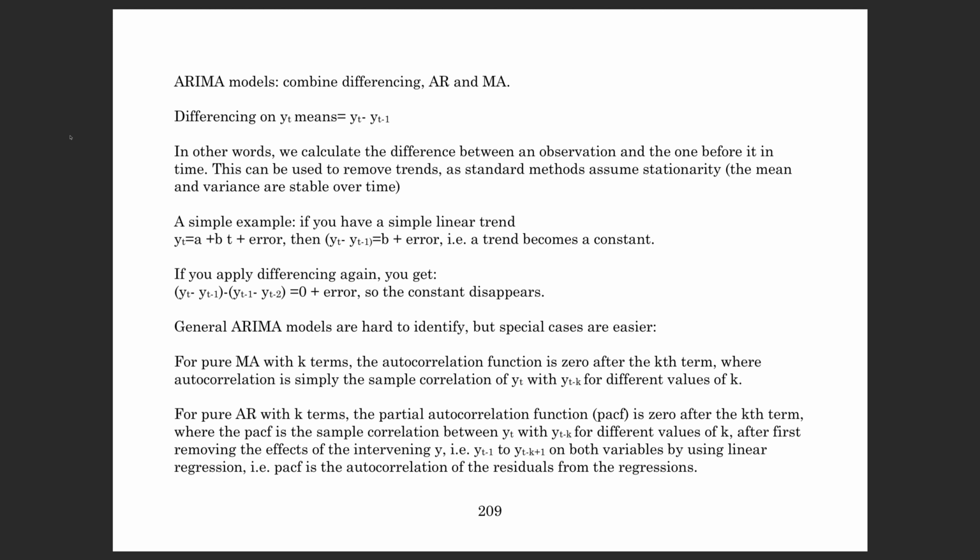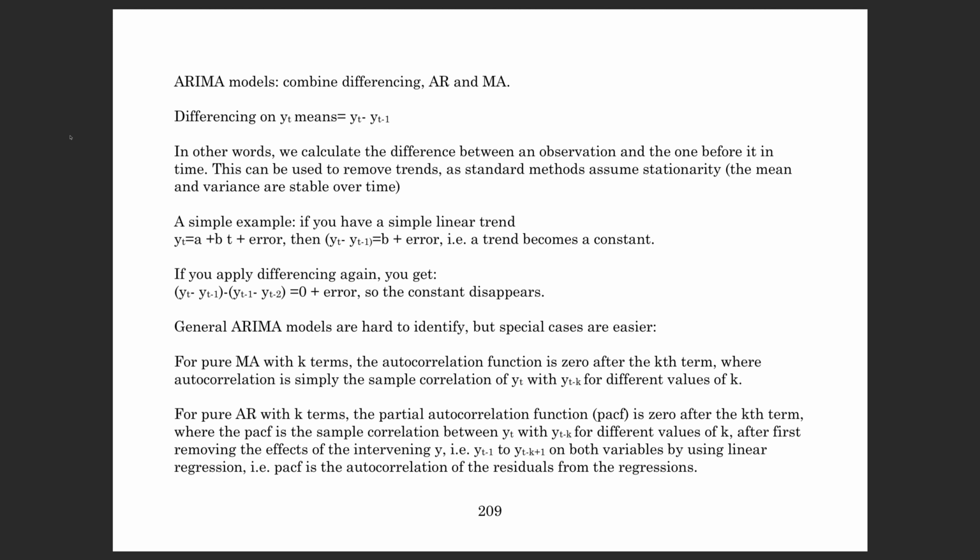So let's take a very simple example. Let's say we started out with a simple linear trend in time, so that Y_t can be written as A plus B t plus an error term. Then if we do a differencing of Y_t and Y_{t-1}, the A's cancel out and the B's partially cancel out, in that the earlier term would be B times (t minus 1), so the differencing gives us a B. The trend slope B becomes a constant in this revised version, right?